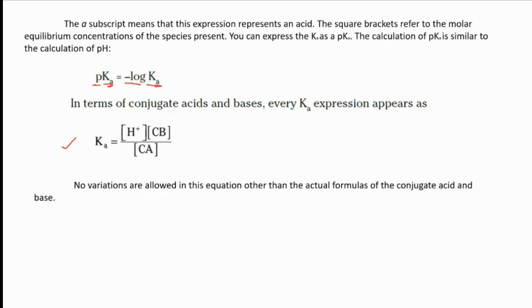Ka is equal to H plus times the concentration of the conjugate base divided by the concentration of the conjugate acid. So when you have a reaction, determine right away which is the conjugate base and which is the conjugate acid, then plug them into this equation, because there are no variations allowed other than the actual formulas of the conjugate acid and base.